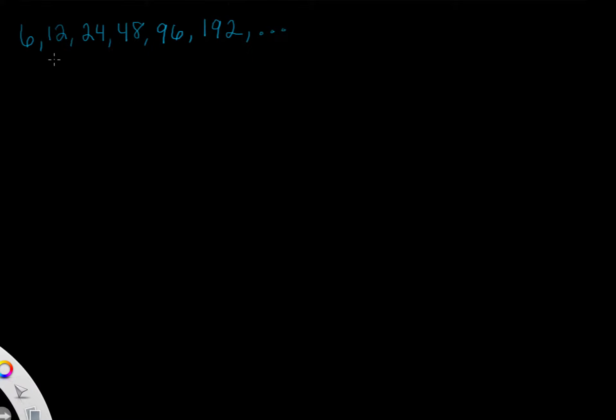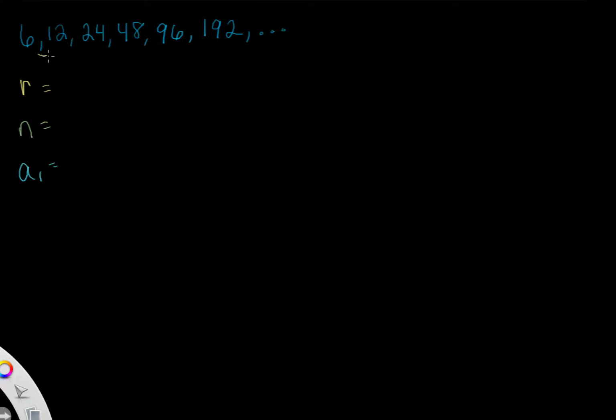Okay, let's take a look at the geometric series 6, 12, 24, 48, 96, 192. The first thing we need to find is a common ratio, and then we need to find the number of terms, and we are also going to need the first term.